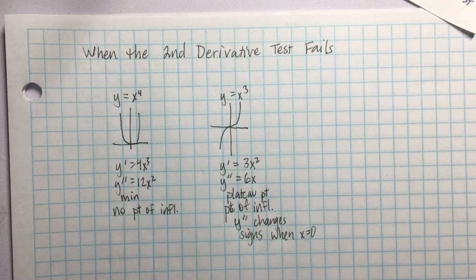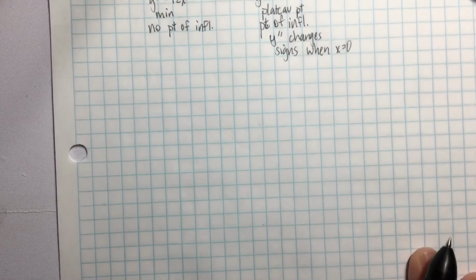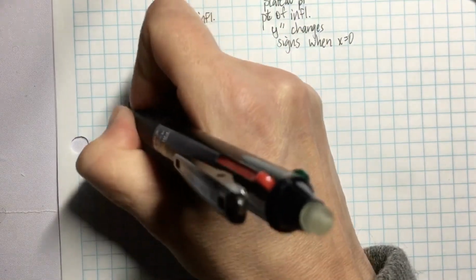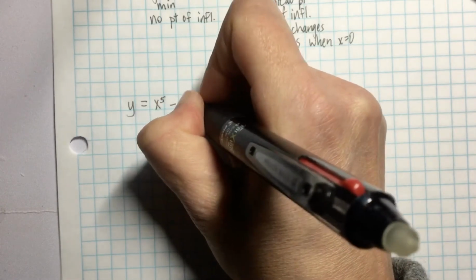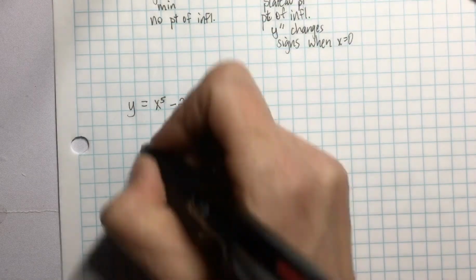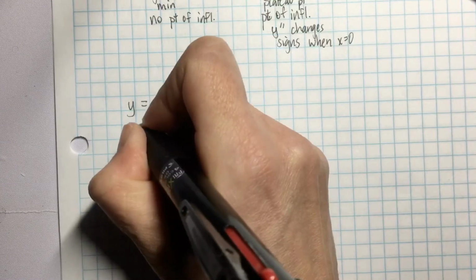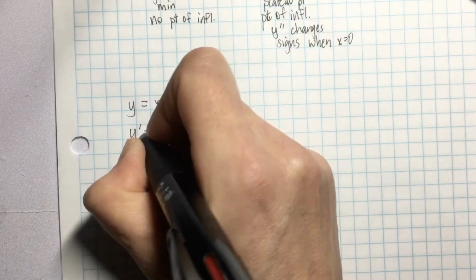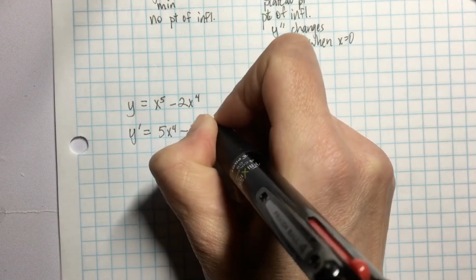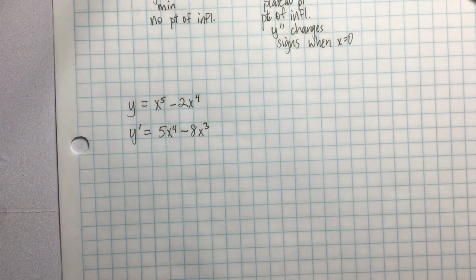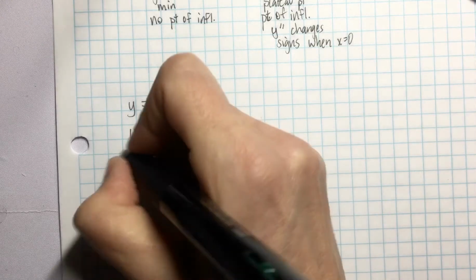So let's look at a slightly more complicated example. Say we have y equals x to the fifth minus 2x to the fourth. So remember, we'll find our first and second derivative. Y prime is 5x to the fourth minus 8x cubed. And I'm going to factor that just for the sake of being able to use it.